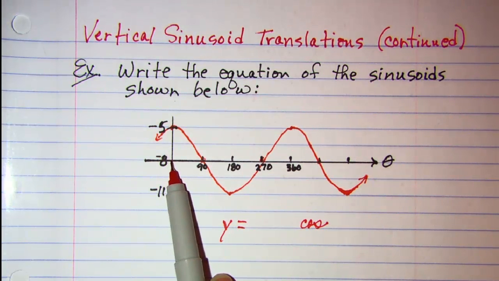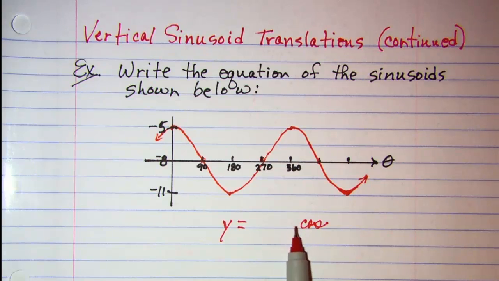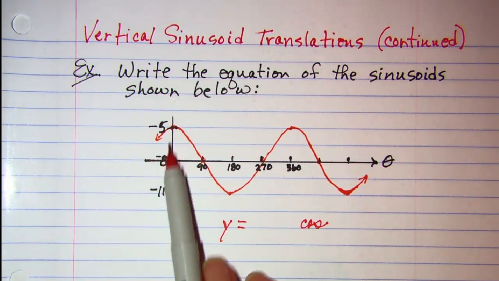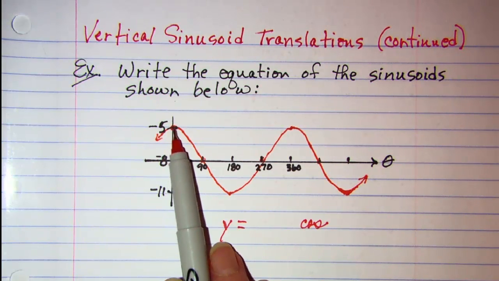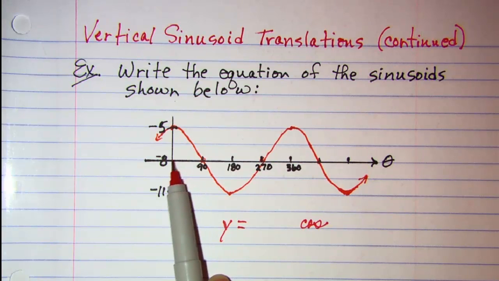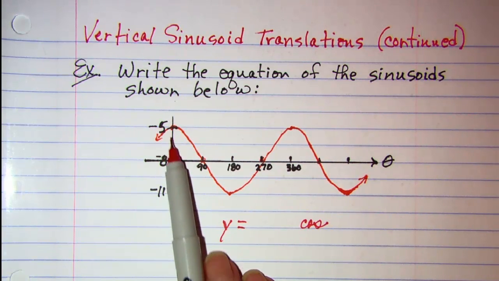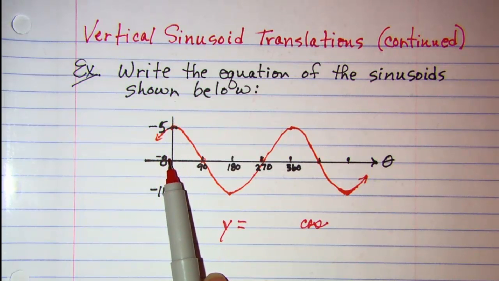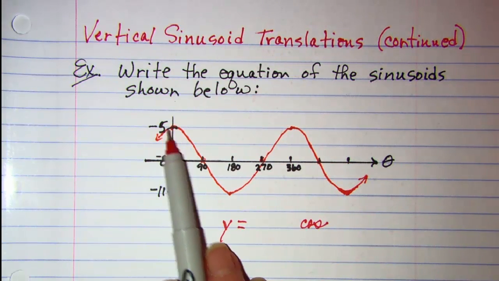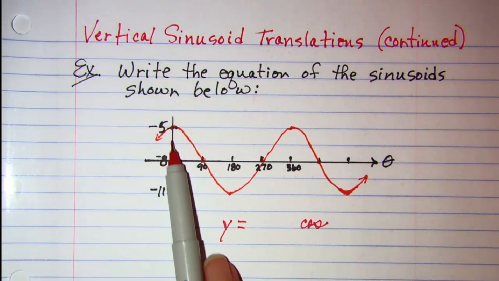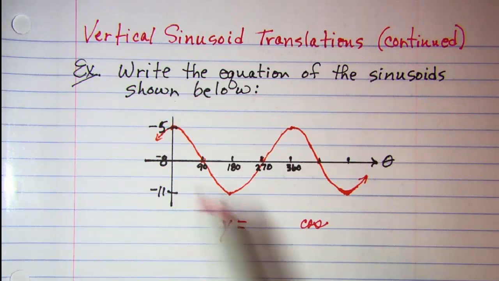If we look at the amplitude for our coefficient of cosine, we want the distance between the center line and the maximum, or the distance between the center line and the minimum. And you can see here that we have 3 units distance, either here from 5 to 8 or here from 8 to 11.